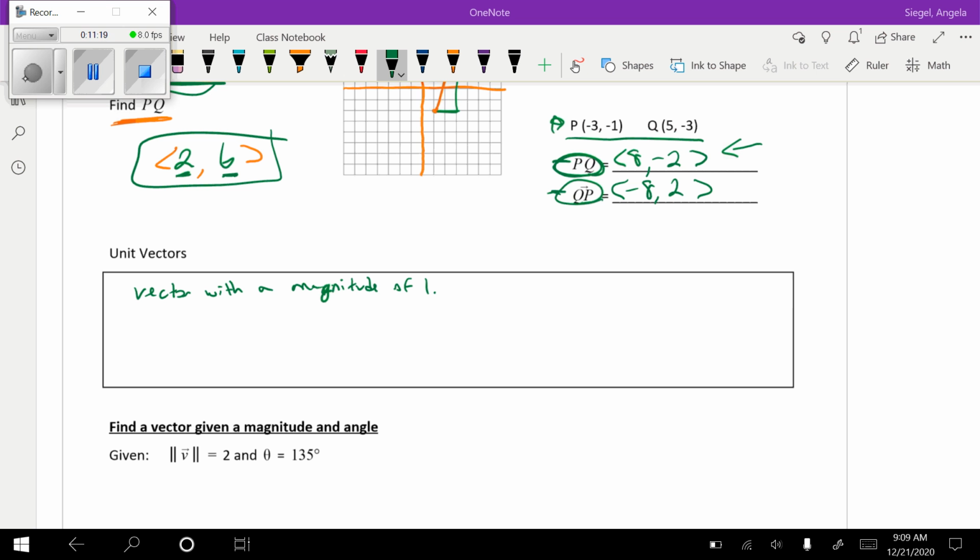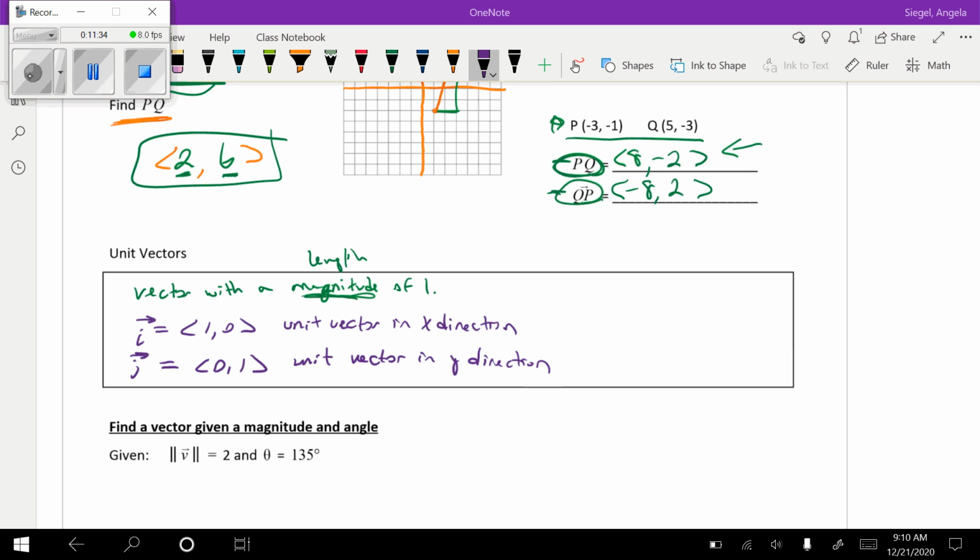Okay, a unit vector is a vector with a magnitude, remember, length of 1. And so there are a couple things I want to point out. There's 2 very important vectors that I want to talk about next, and I'm going to write those. It is the I vector and the J vector.